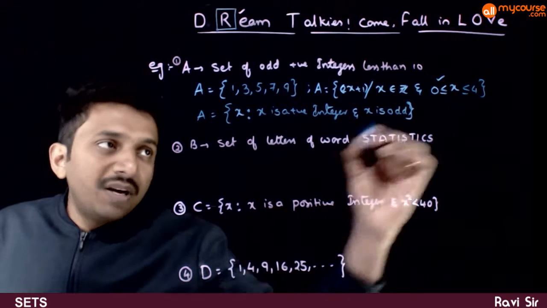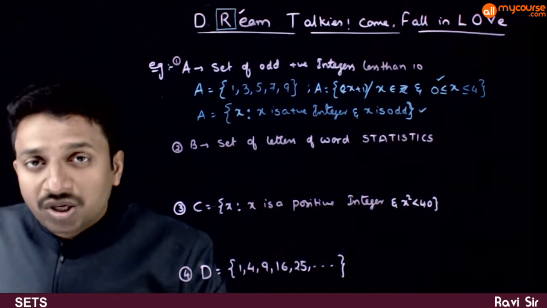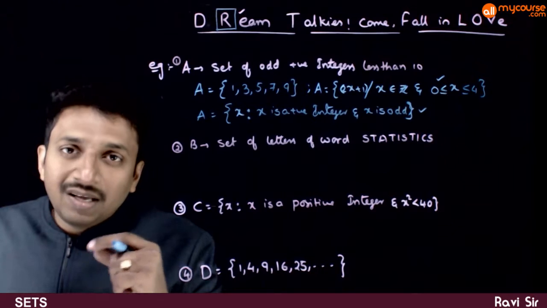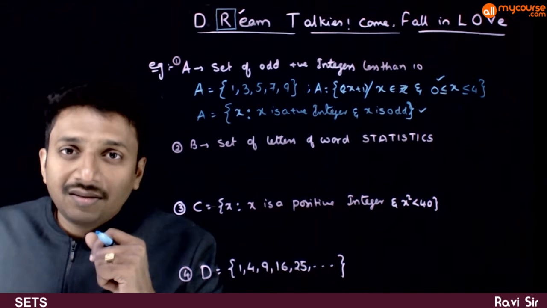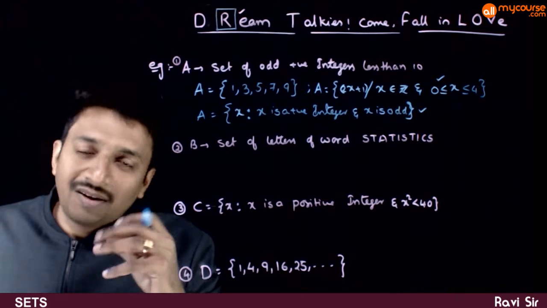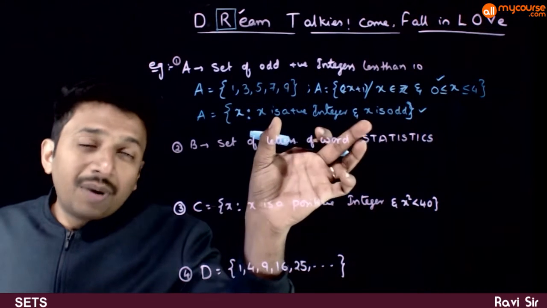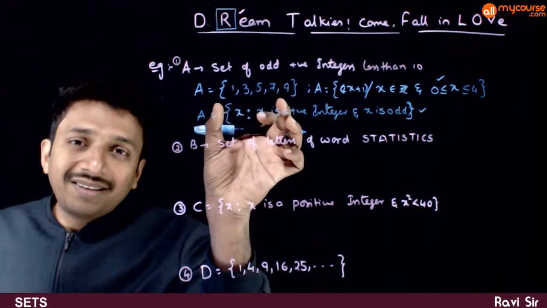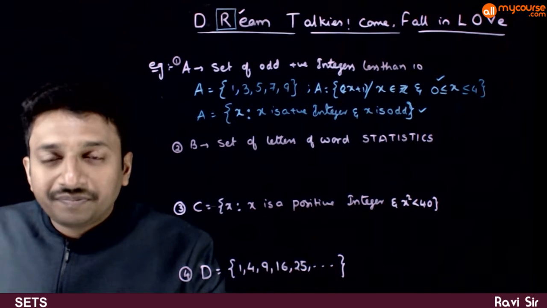So this can be a set builder form. This can also be a set builder form. You can write whatever you want, or you can think about other ways also. Set builder form is not unique. It's not like you have only one way in which you can write the set builder form. You can write in any way, but once you write, if I apply the properties, I should be able to get the exact set that I am talking about.